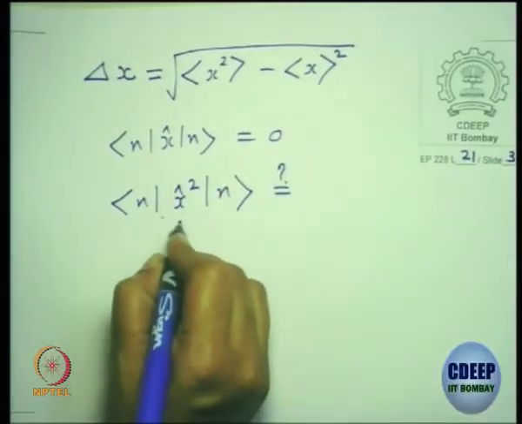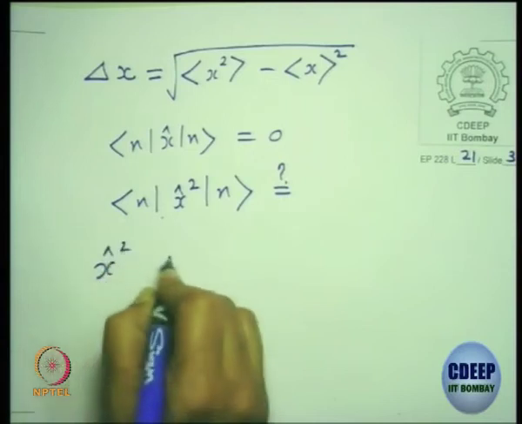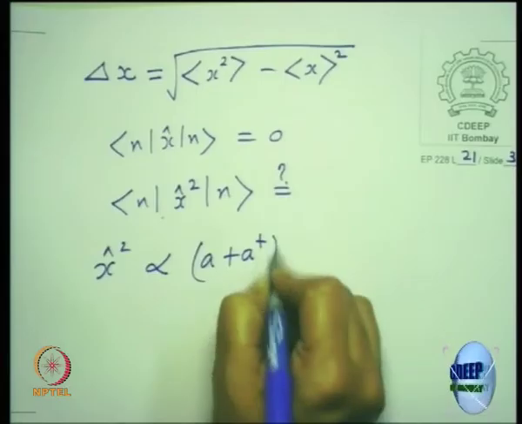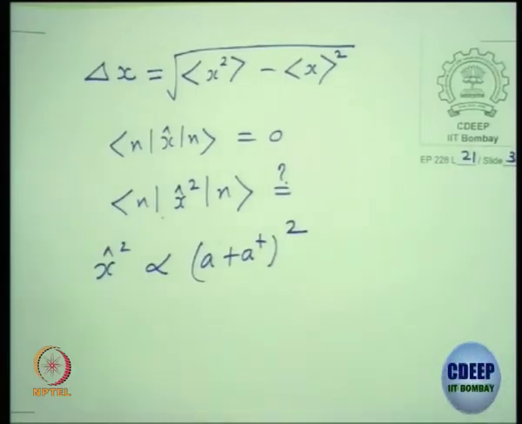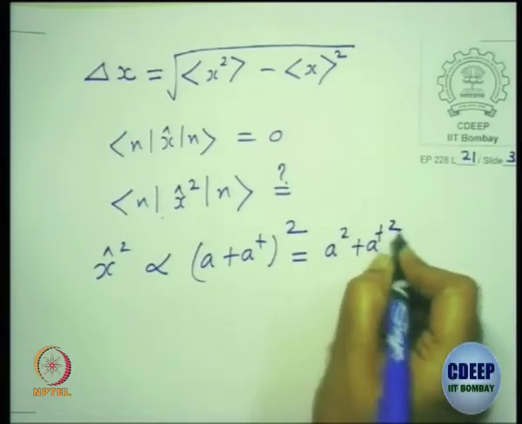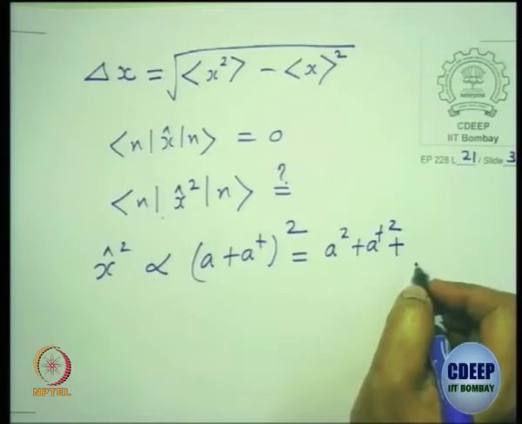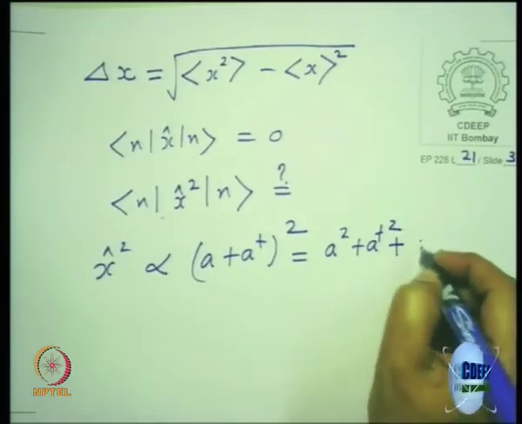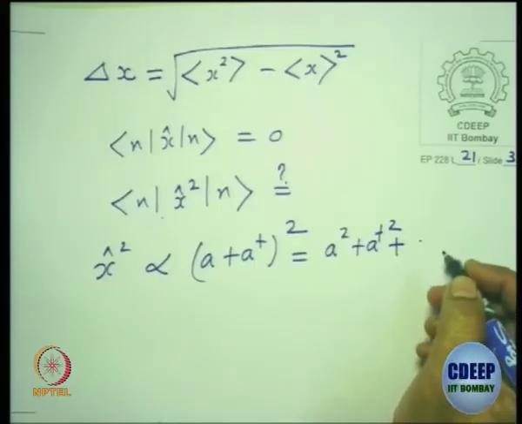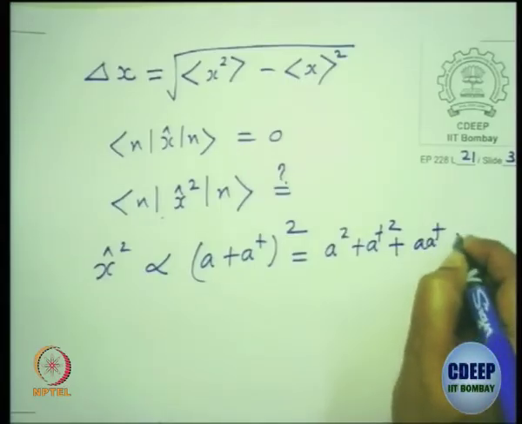So rewrite this as x squared proportional to (a plus a dagger) the whole squared. I am not writing those constants, we will put them later. What is this? a squared plus a dagger squared plus a a dagger plus a dagger a.